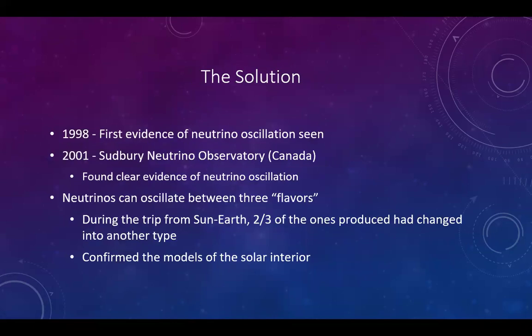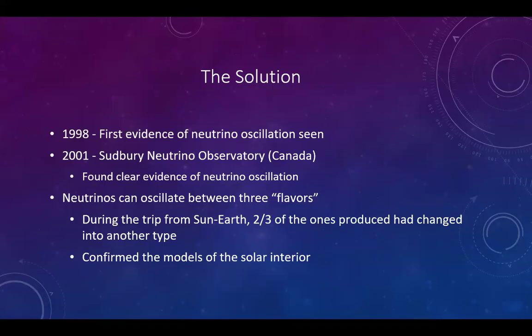So in 1998, the first evidence of neutrino oscillation was seen. This was in Japan, where they used two different neutrino detectors on the same artificial source of neutrinos, which was a nuclear reactor. That's one of the ways you generate neutrinos.